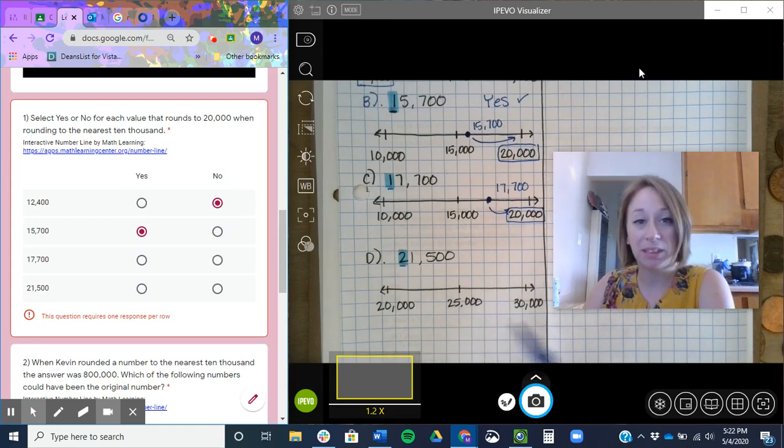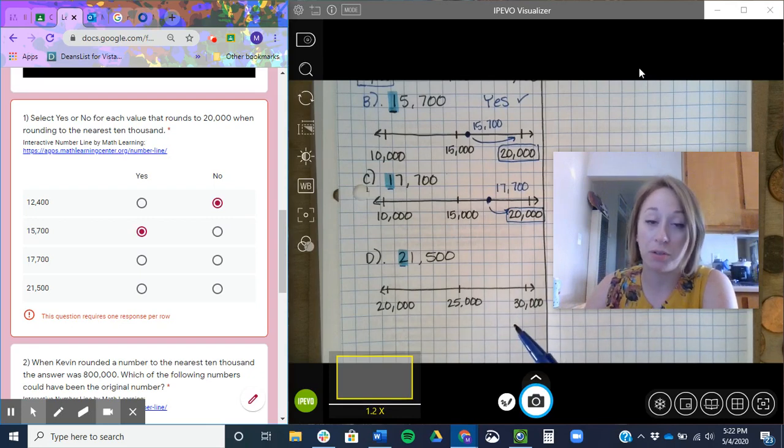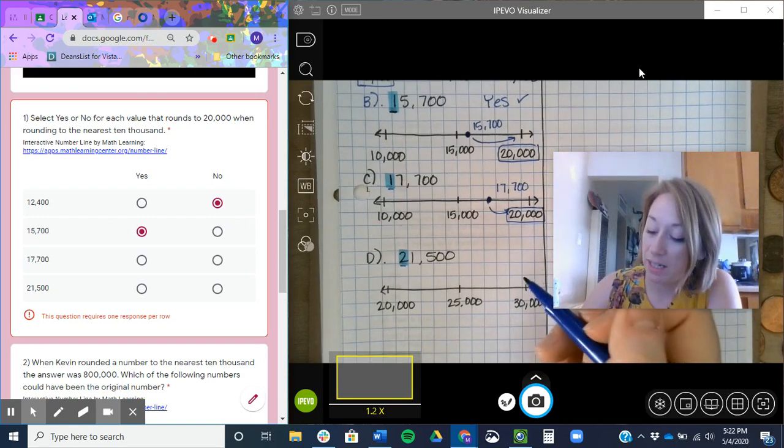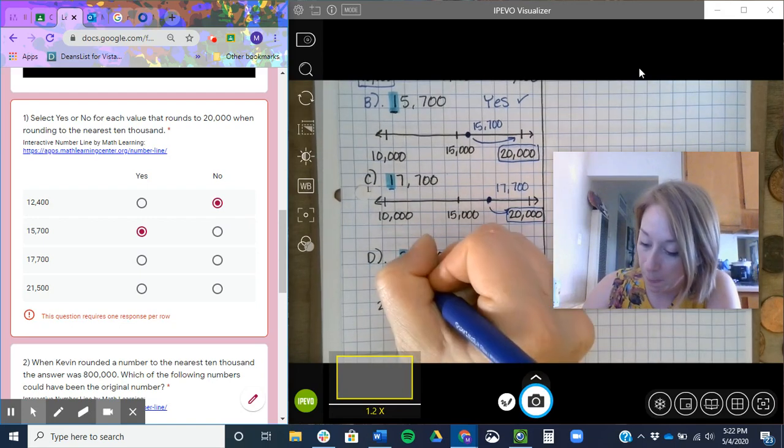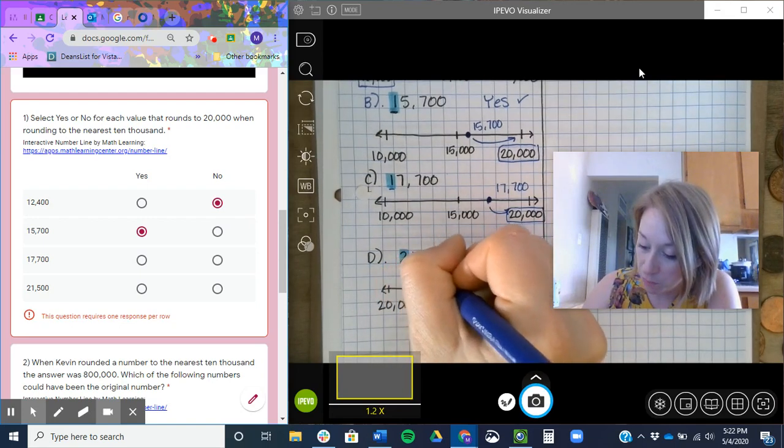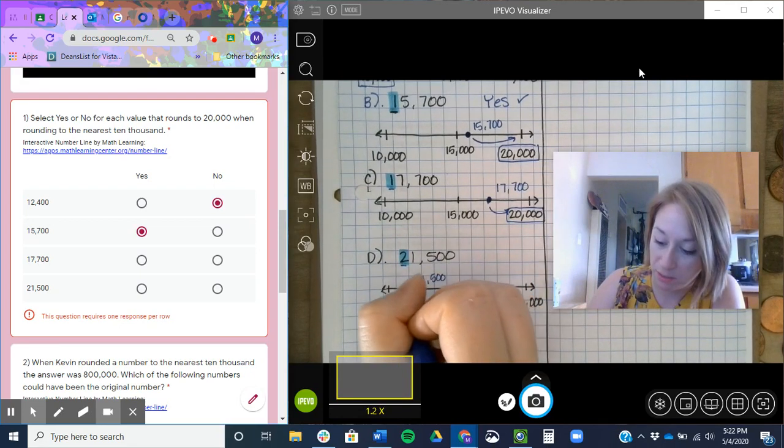So the concept is still the same. I'm just now thinking of different values. We just have to pay attention to those when we round different numbers. 21,500 is before 25,000. I think it goes pretty close to 20,000.